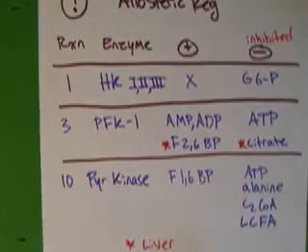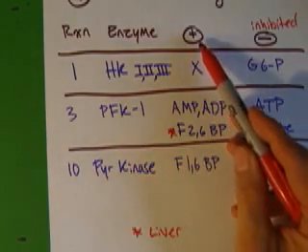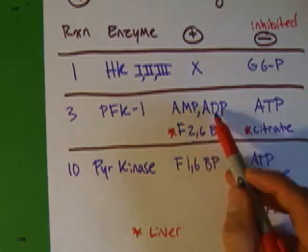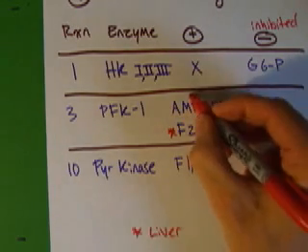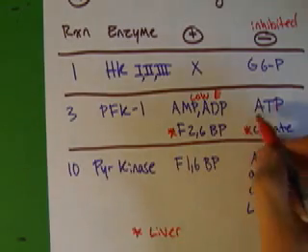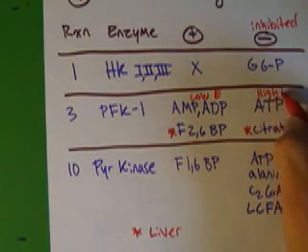Reaction 3, phosphofructokinase 1, is activated or stimulated by low energy, AMP or ADP. You can also call that low energy, which means it's going to be inhibited by high energy, or ATP.